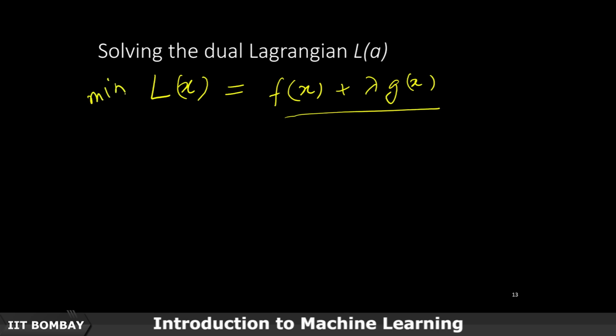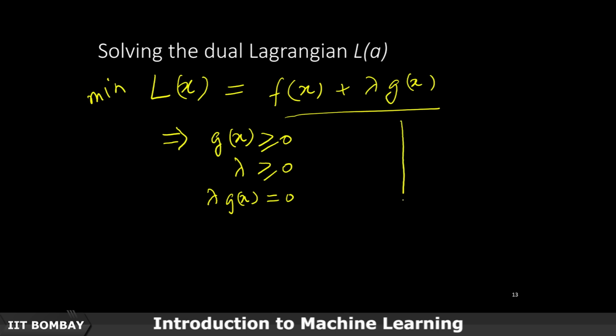And what this implies is that your solution will be such that g(x) is greater than or equal to 0, so g(x) will be either equal to 0 or greater than 0, and it will never be less than 0, because that's what we want. We don't want g(x) to be less than 0, we have an inequality constraint. Then we will have lambda greater than or equal to 0, and lambda times g(x) will be equal to 0. So what that means is either g(x) is 0 or lambda is 0. So what does that mean?